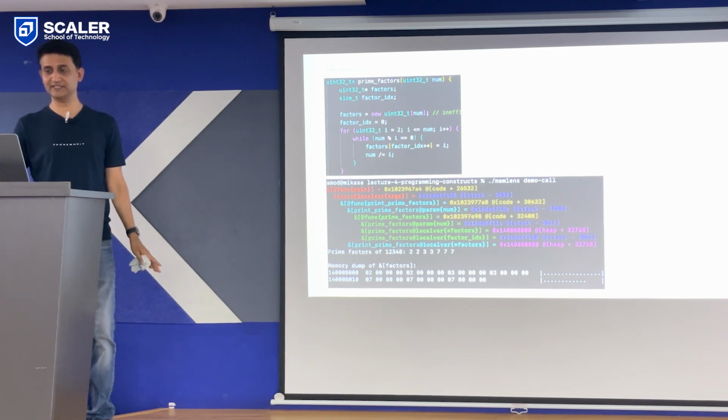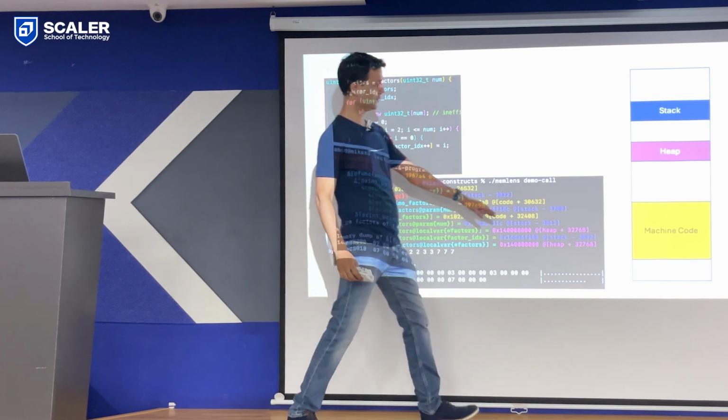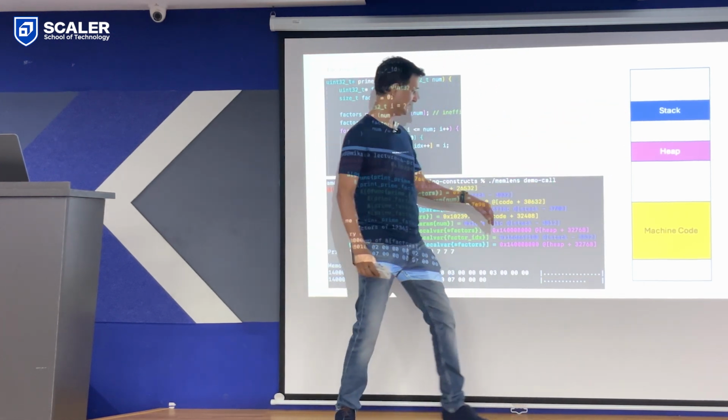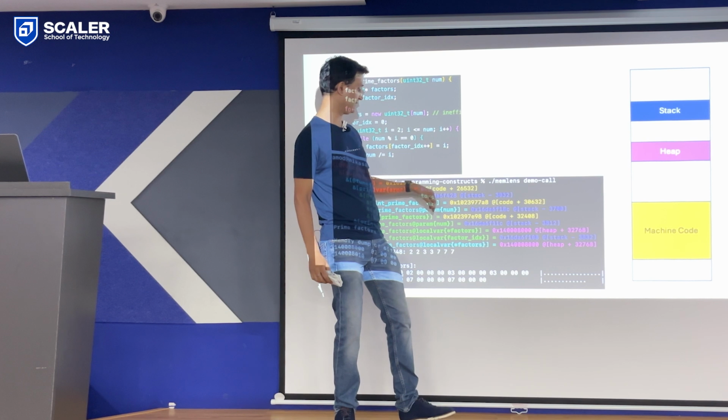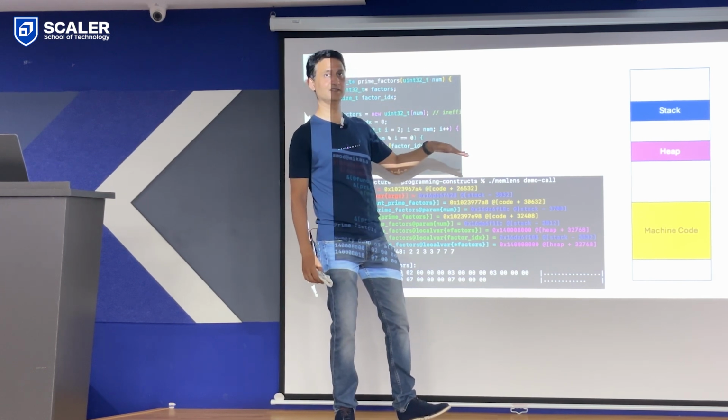All right. So this is what we are observing, and this is what it would look like. The code goes in here, stack goes somewhere over here. By the way, also notice that unlike code plus something, stack is minus.